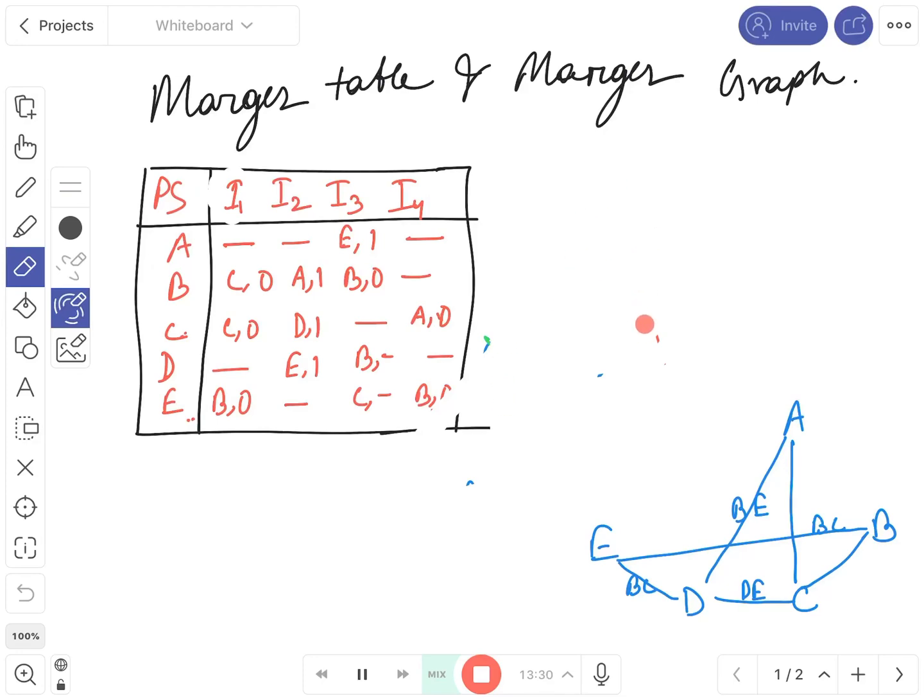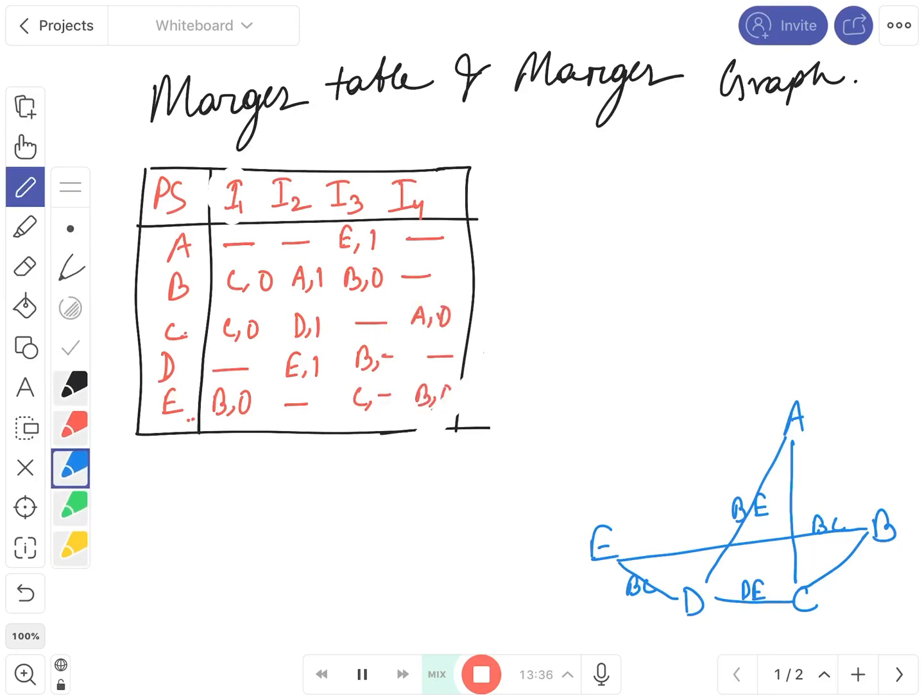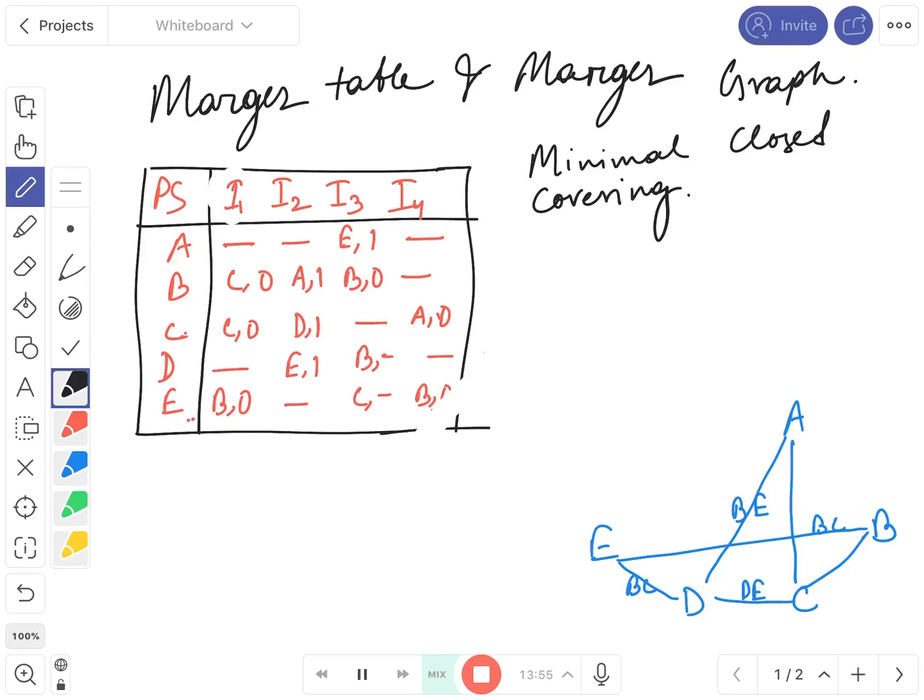Now from that merger graph I have to draw the minimal closed covering. First draw the compatibility graph to find out the minimal closed covering.